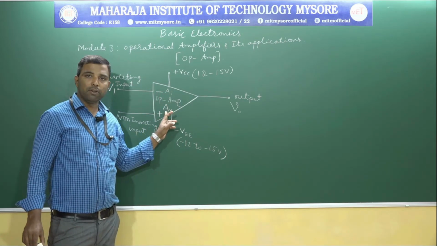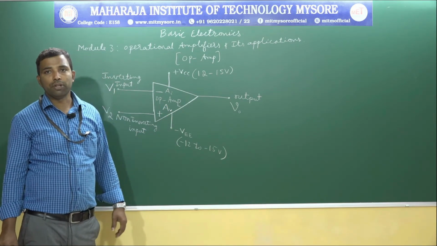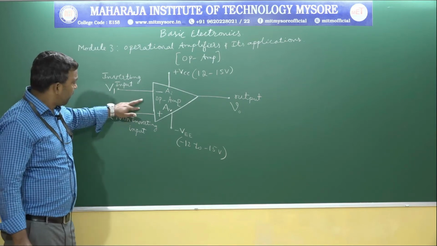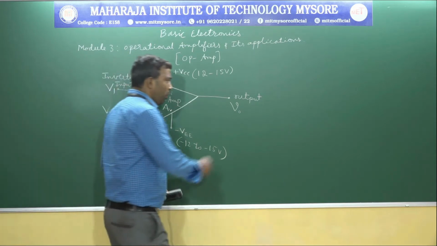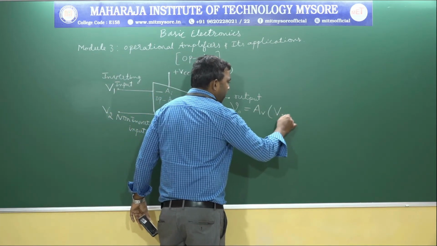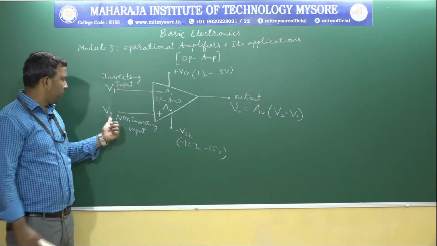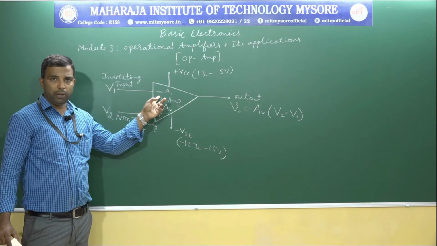If it is voltage, we consider it as AV, the voltage gain. Therefore, the output is the difference of these two with the amplification factor, that is VO equals AV into (V2 minus V1), because we apply V2 at the positive terminal and V1 at the negative terminal.